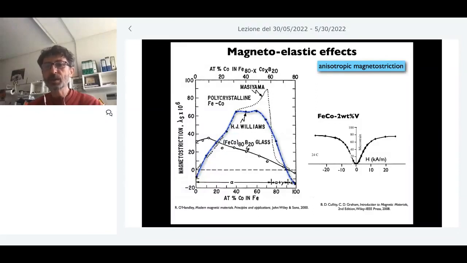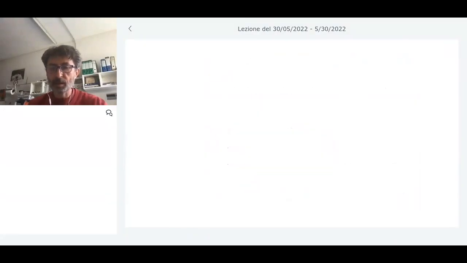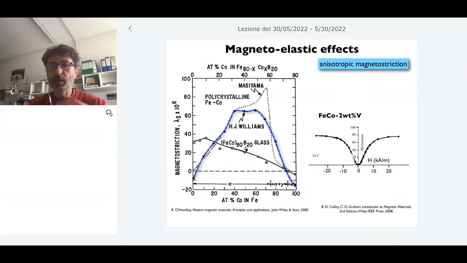Well, you see that now this material has definitely interesting strain, and you can use these iron cobalt alloys as an actuator. So I try to stop sharing.